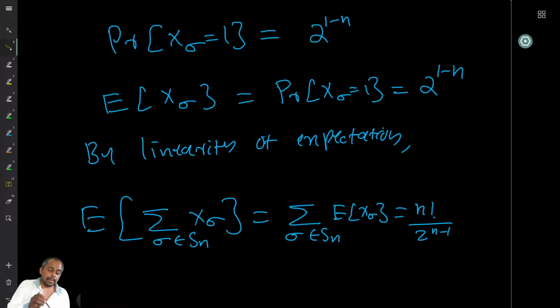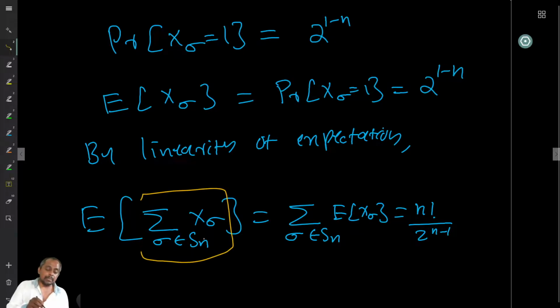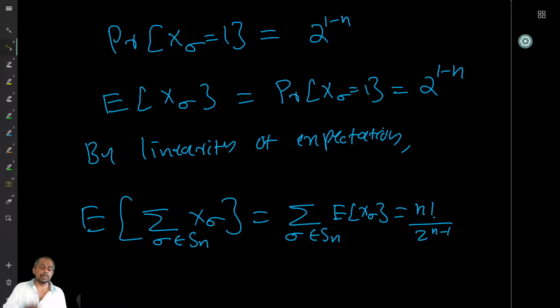So, now I take the sum of the indicator random variables as my random variable, the sum over all the permutations X sigma. Now what does X sigma do? X sigma is an indicator random variable which takes the value 1 if the path is a directed path.